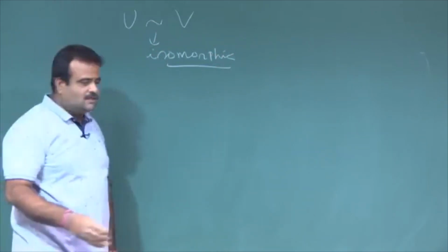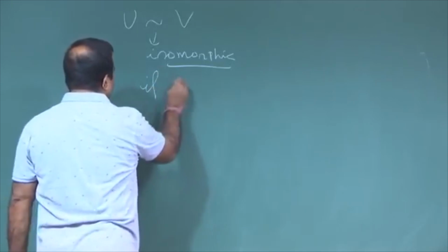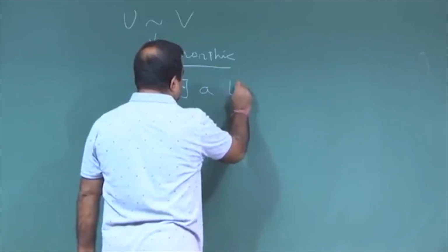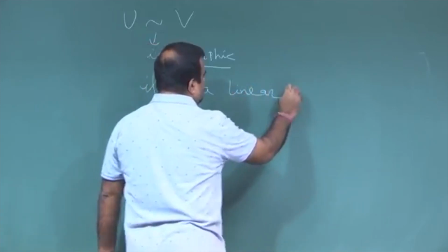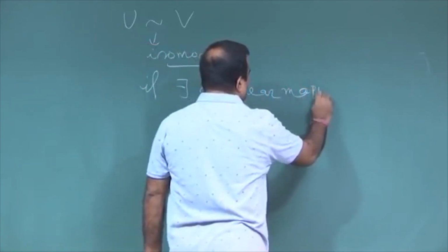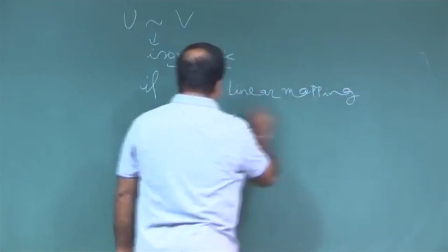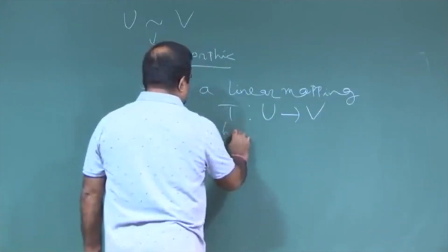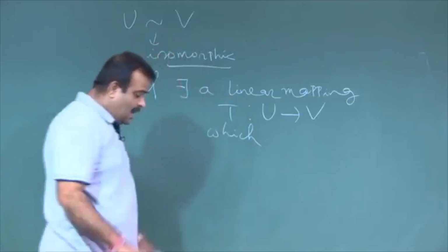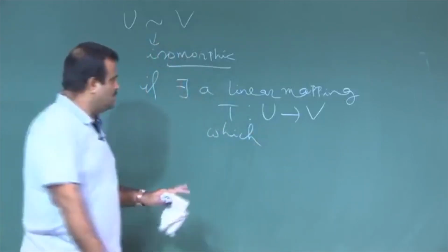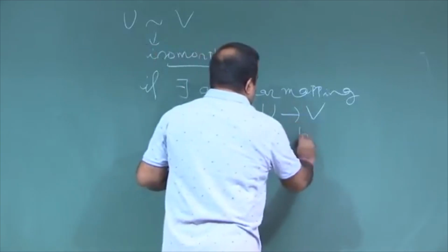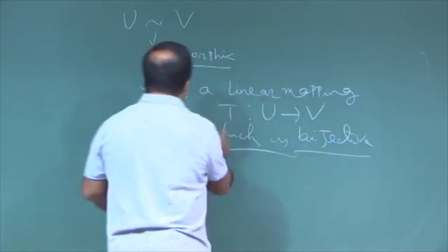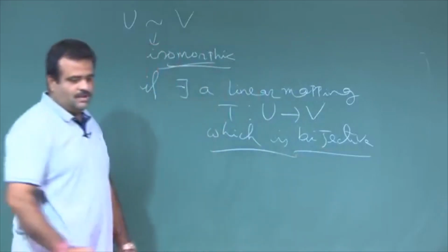So, U and V are isomorphic if there exists a linear transformation, linear mapping T from U to V which is bijective. So, if there is an isomorphism between U and V which is bijective, then we call these two vector spaces U and V isomorphic.